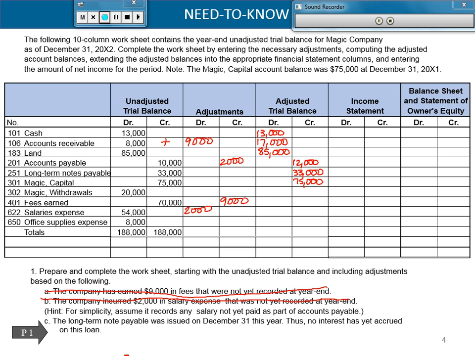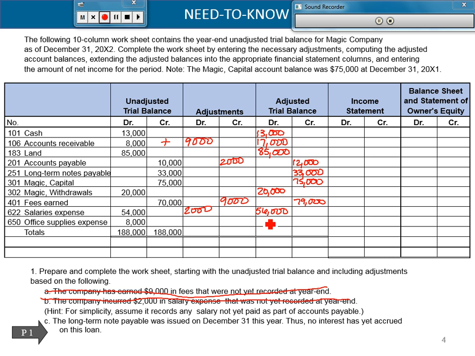So 20,000 on the debit side. And then fees earned, 79,000. Salaries expense, 56,000 on the debit side.